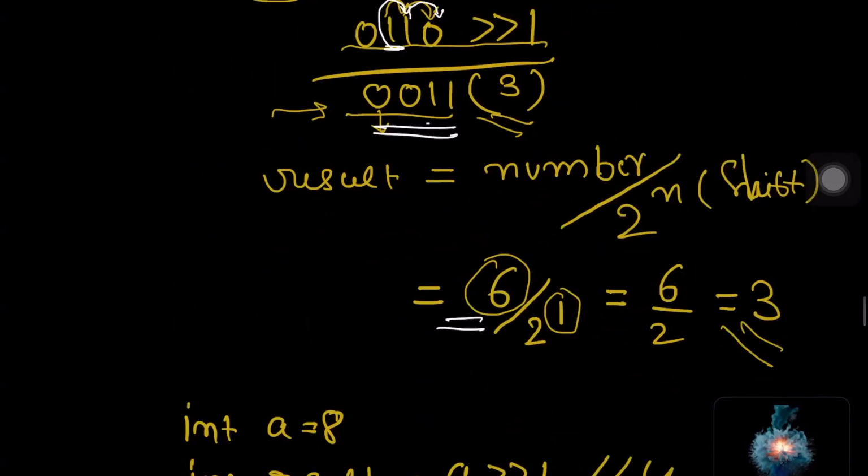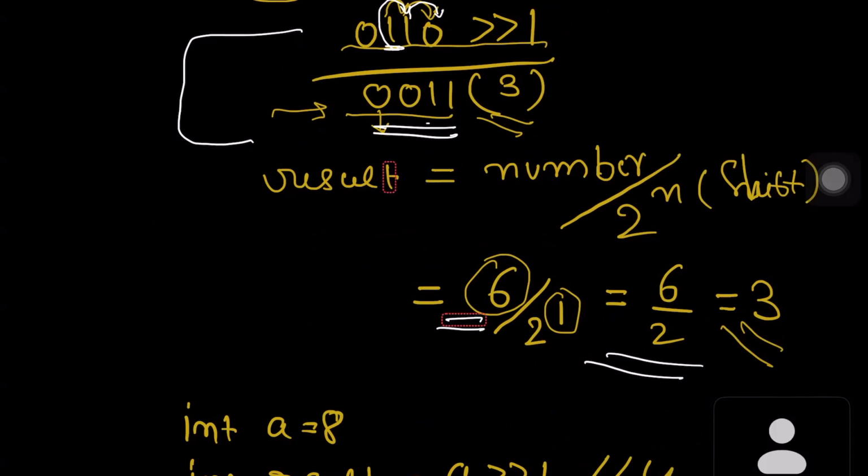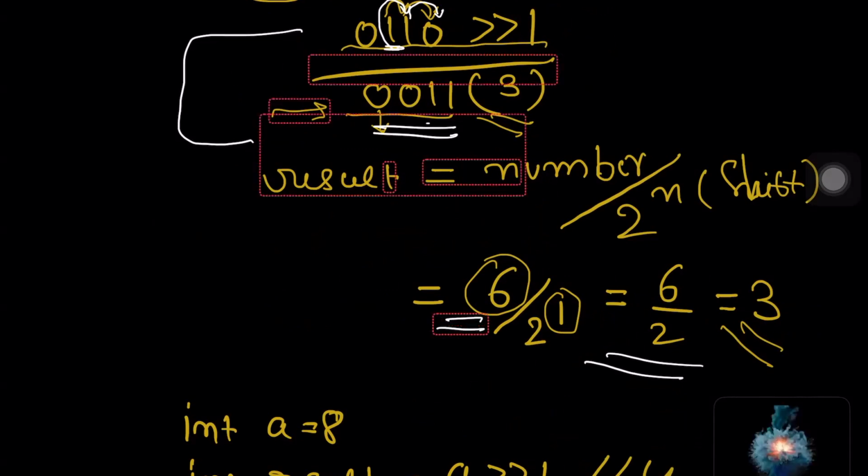Whether you go with the bitwise approach or with the formula, the formula will help you calculate the solution easily, and you can quickly execute it and answer directly. Let us assume I'm asking what will happen if I do a shift of 2 on the number 8.